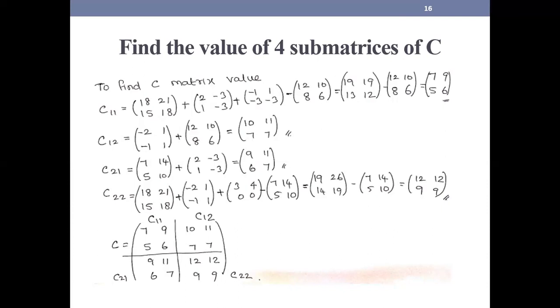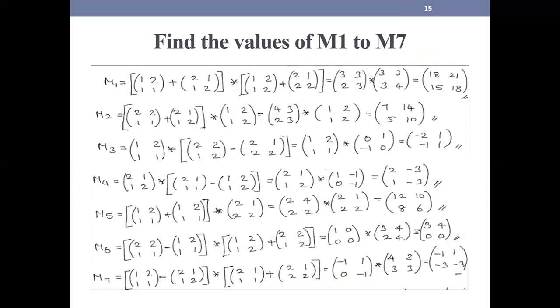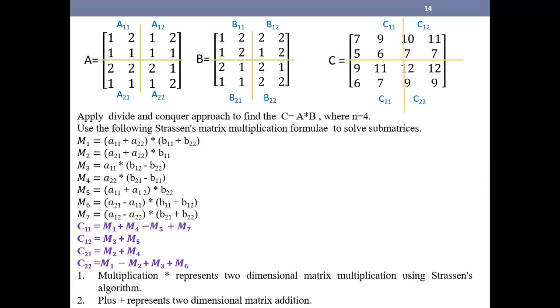So C11, we have the formula in this slide. C11 equals M1 plus M2. Here all M values are 2 cross 2 matrices. After finding M1 to M7, substitute these M values, that is 2 cross 2 matrices, in the C formula. Here we do matrix addition and matrix subtraction.